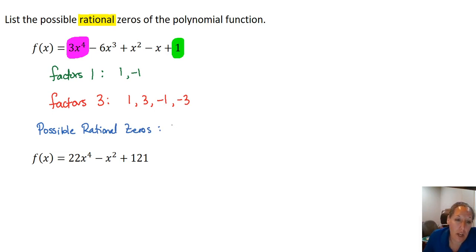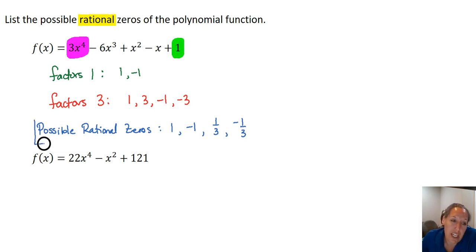So we could do 1 over 1, that gives us 1, negative 1 over 1, 1 over 3, negative 1 over 3, and then 1 over negative 1 is already on our list, 1 over negative 3 is on our list. It's always going to work out that we have both the positive and negative versions of each of these combinations. And so the possible rational zeros for this polynomial, which has a leading coefficient of 3x to the fourth and a constant value of 1, are 1, negative 1, 1/3, and negative 1/3.